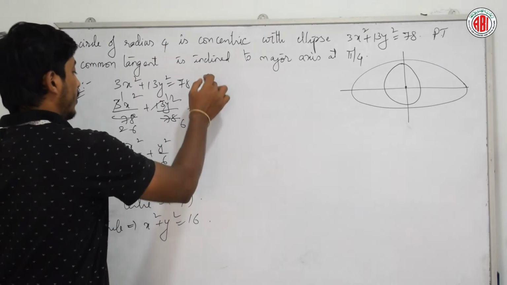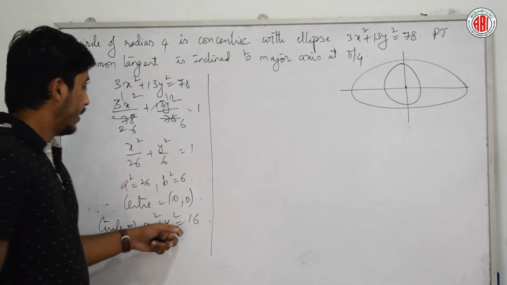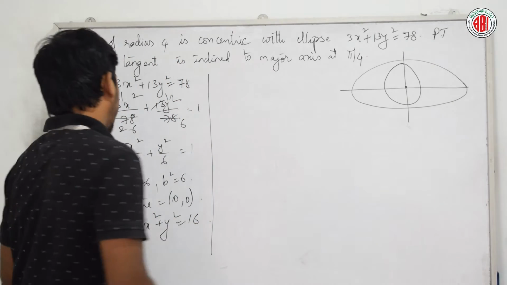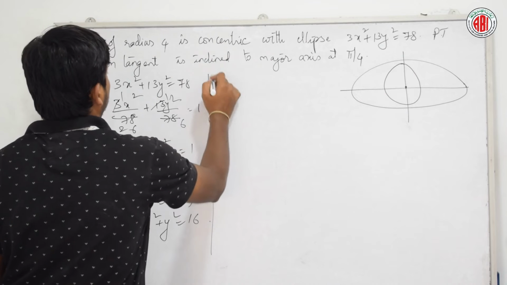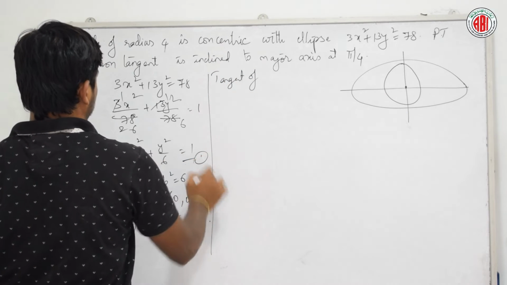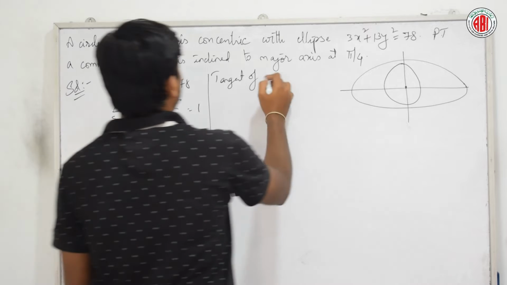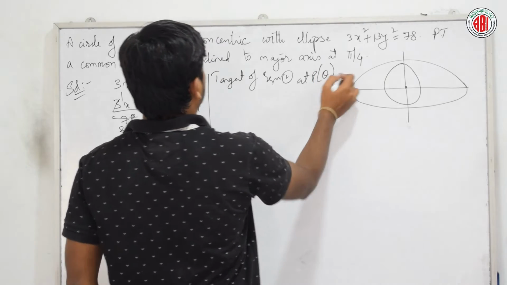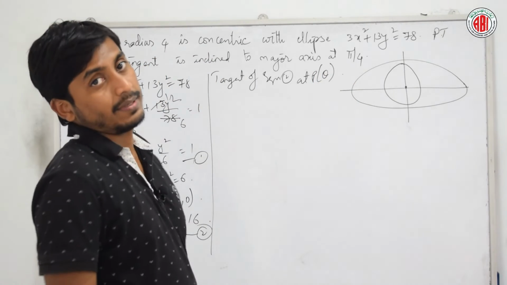Okay. Now, let us write some standard tangent to this equation. Let us say tangent of, let me say it as 1 and it as 2. Tangent of equation 2 at P of theta, that is cos theta comma sin theta.